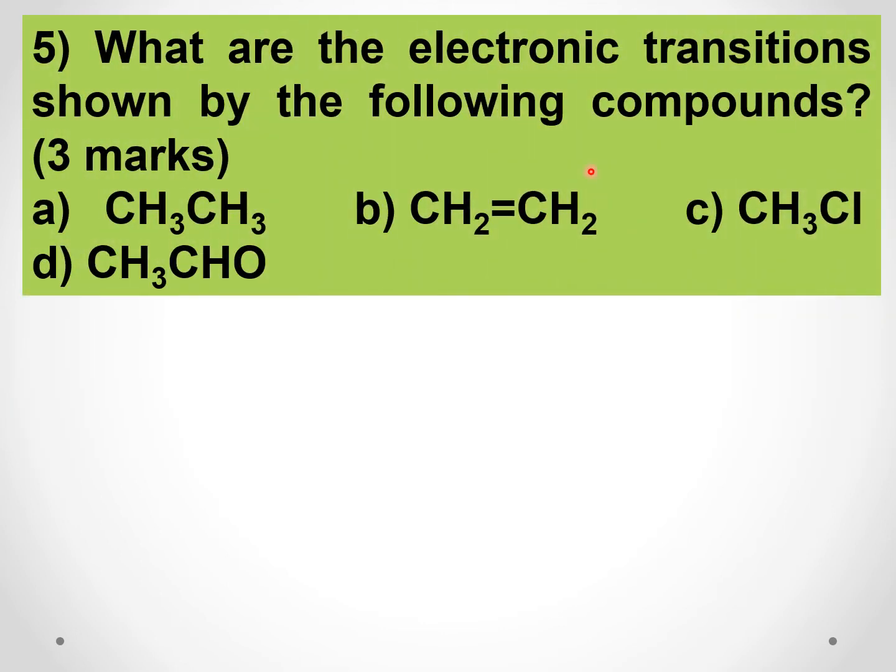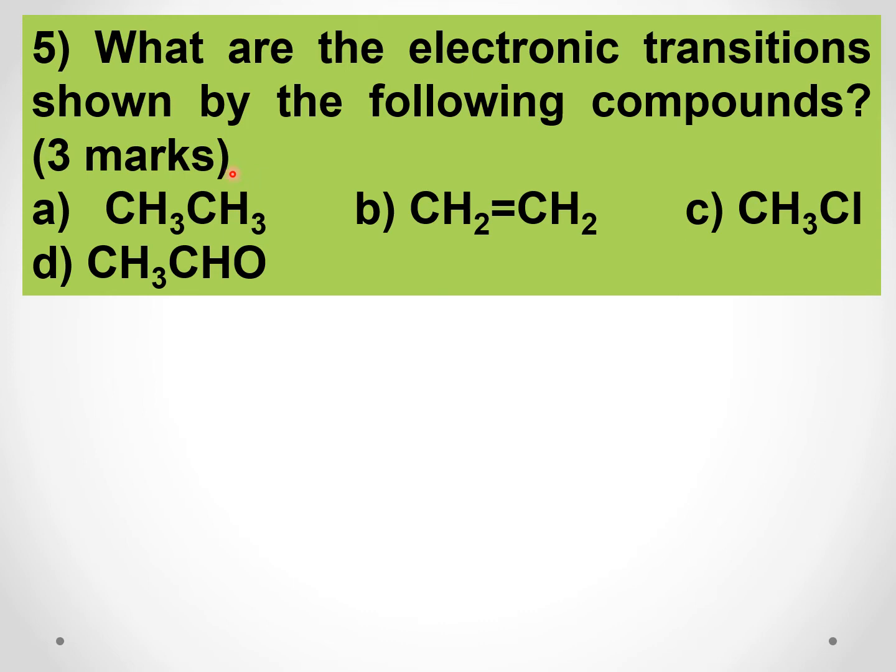Another question. What are the electronic transitions shown by the following compounds? You are given four compounds, and you have to write what electronic transitions are shown. Let us start with ethane.